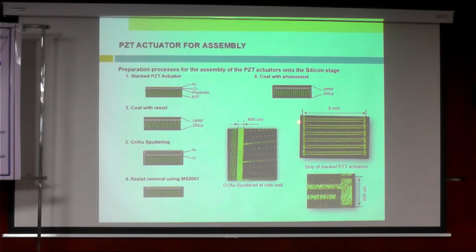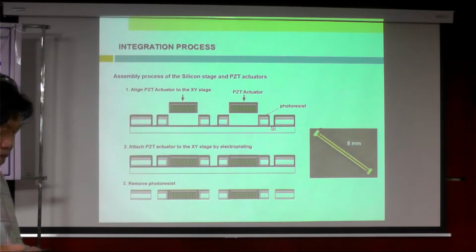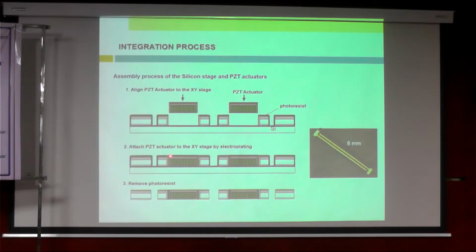Then you can later on dice cut into a single actuator at this side. So this is one single PZT actuator. Then we try to place it in between of this stage. Okay, and the connection is using electroplating, meaning we are using metal, nickel electroplating, to bond between this side and this side.